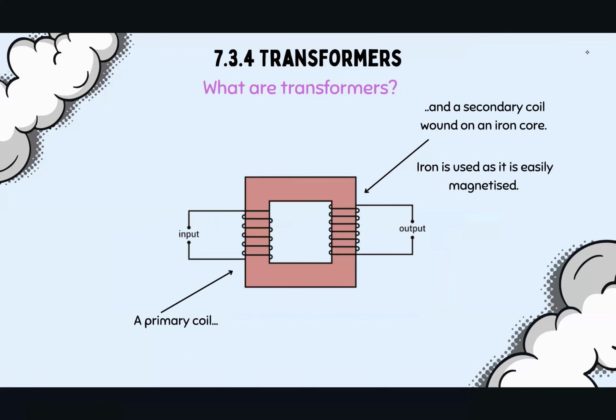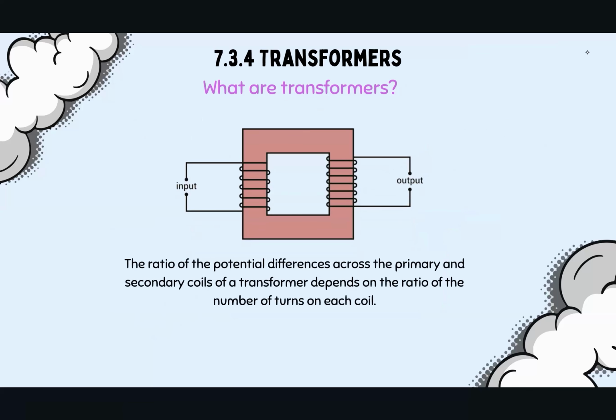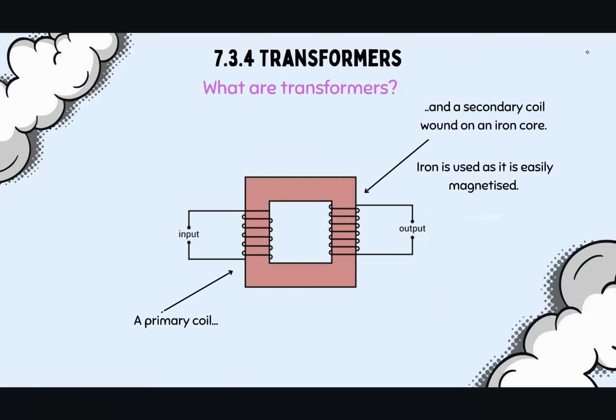Okay, transformers. What are transformers? So here we have our primary coil, and we have a secondary coil here wound onto an iron core. Now, iron is used because it's easily magnetized.